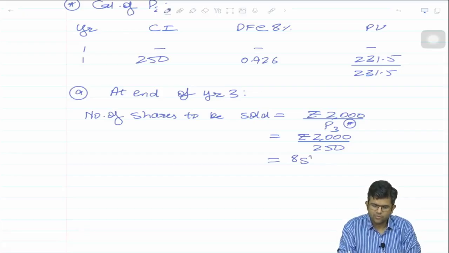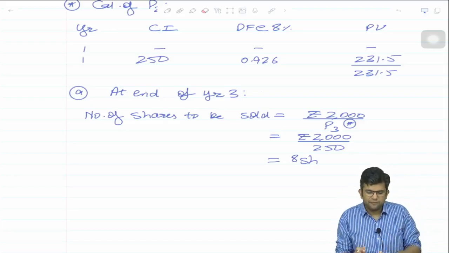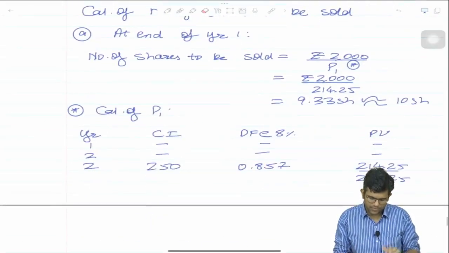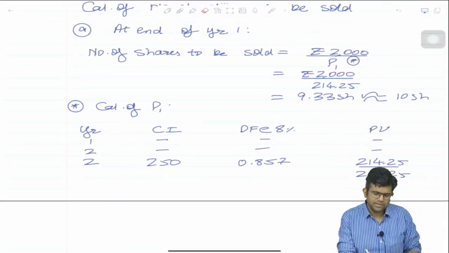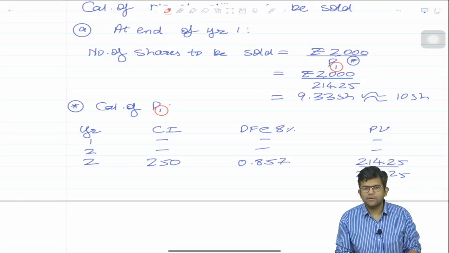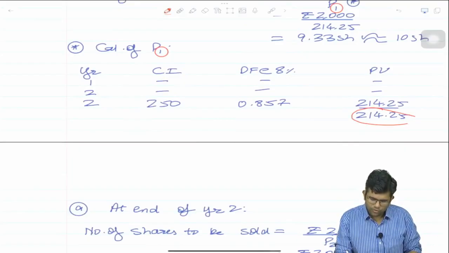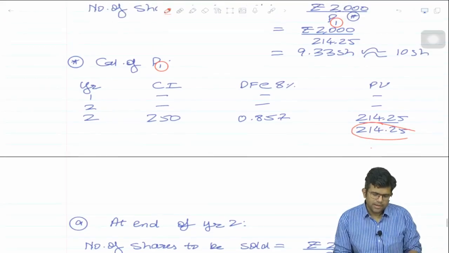Now there is something I want you to understand, because if your mind is not completely focused, one doubt could happen. For example here, you might say, sir, you are calculating P1, that number 214.25, that is P1.